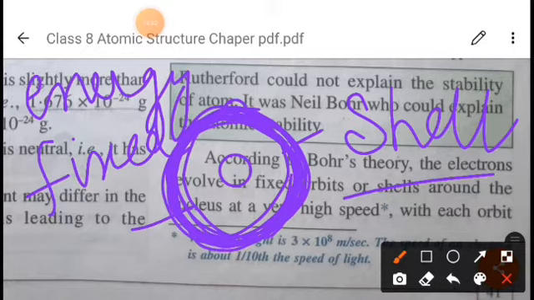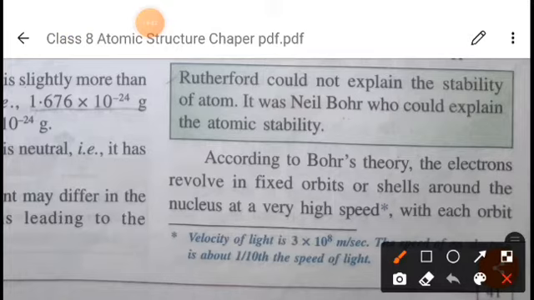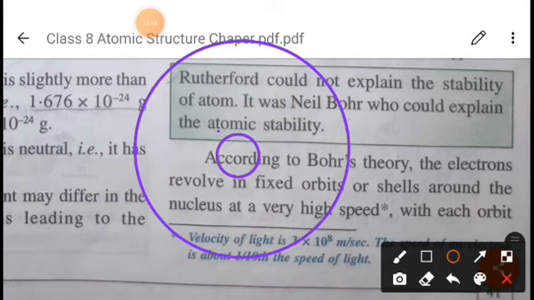Means what? During the rotation of the electron, if this electron is rotating like this, during the rotation it will neither lose nor gain energy.